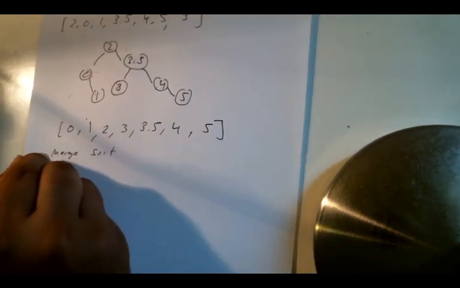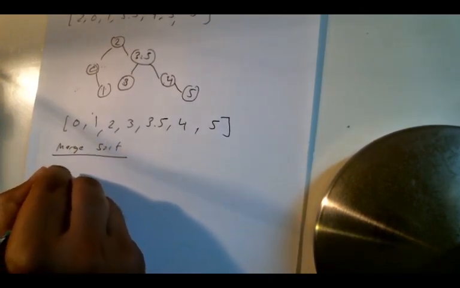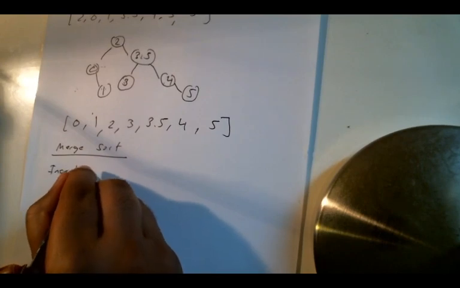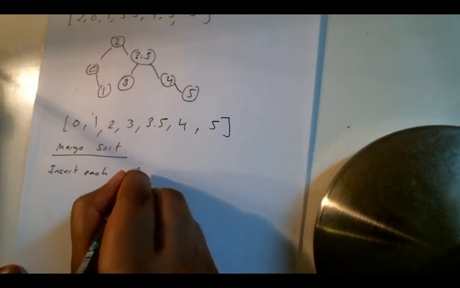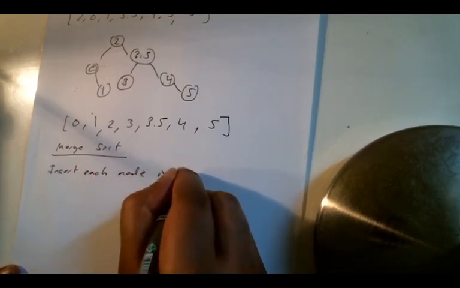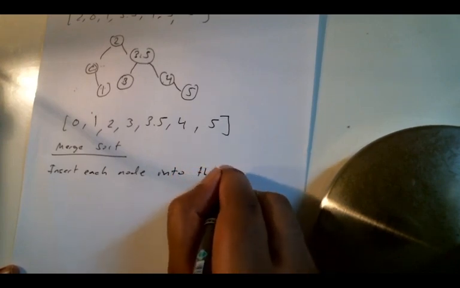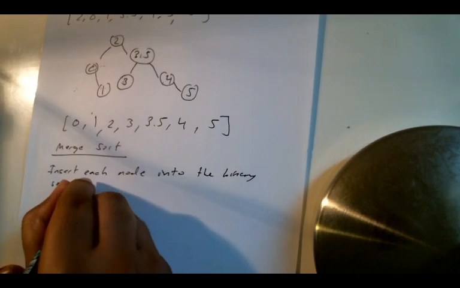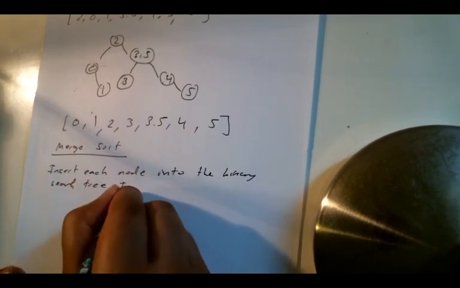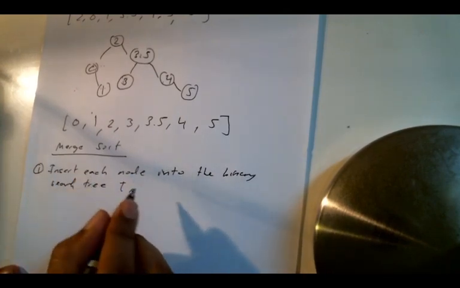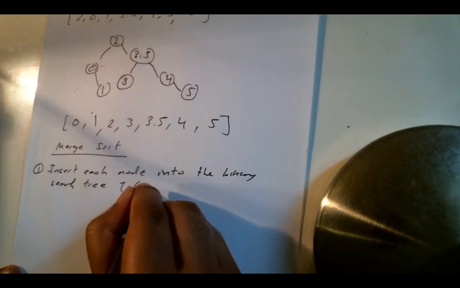we can write it in the following way. Insert each node into the binary search tree T. That's step 1. So for each node we insert, obviously I'll just write for each node.